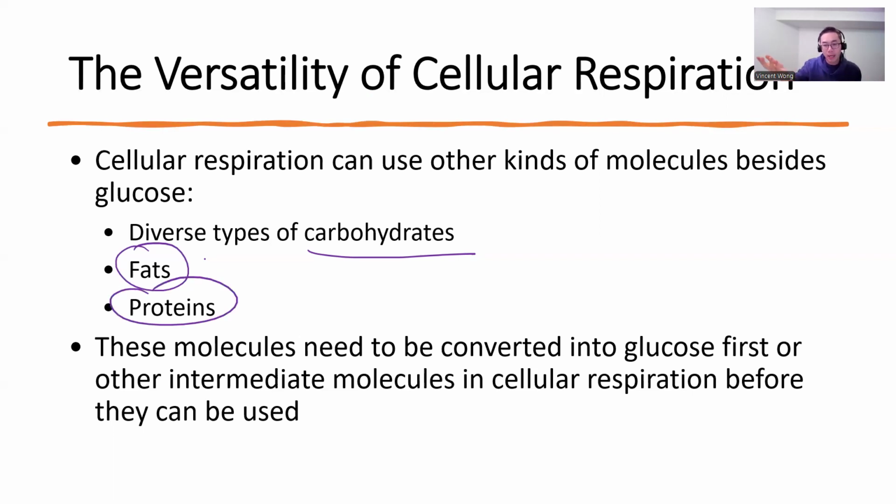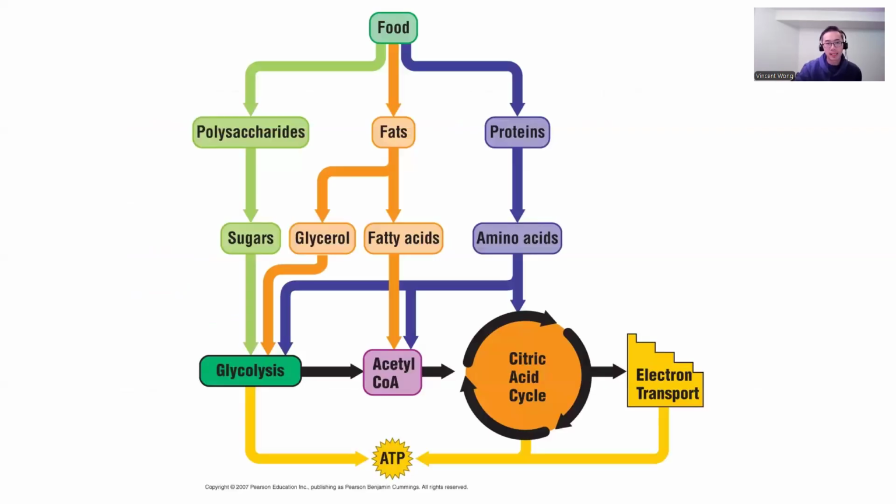Depending on which amino acid we have, you can feed it into the Krebs cycle, or into the pyruvate oxidation, and so on. So while glucose is the primary choice for cellular respiration, we can burn a lot of these other things as well.